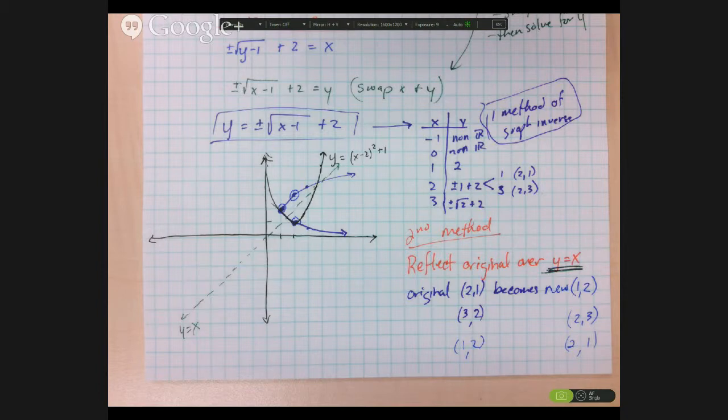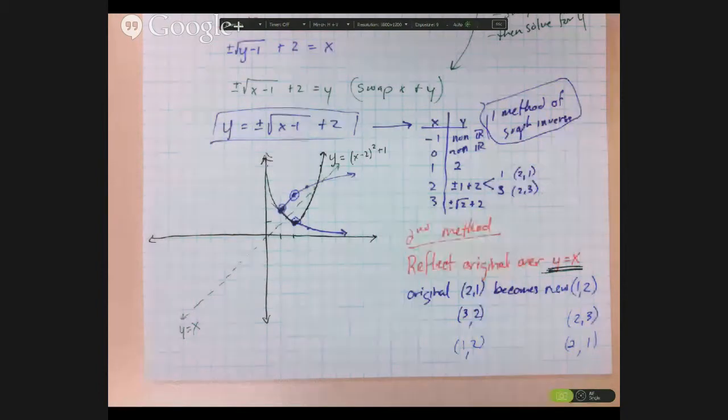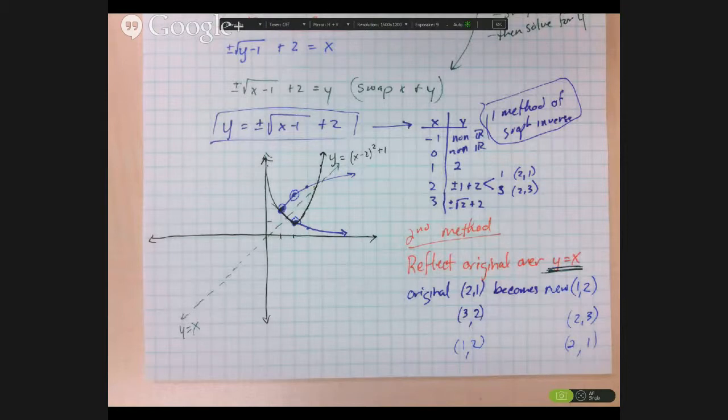Oh, let's do that. How do I put that in the graphing calculator? Make sure you have one. I'm going to show you.